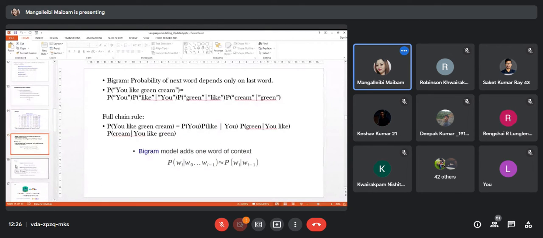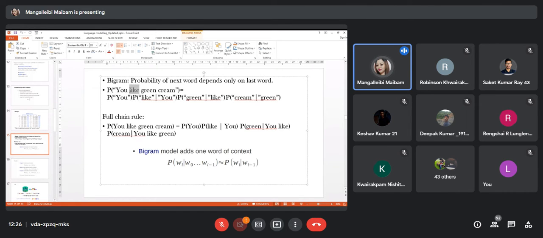That is unigram. And for bigram, the probability of the next word depends on the last word occurrence. So here, you like green cream. Here also you have to find the probability of you, then the probability of like conditioned on you, because you is the initial word.